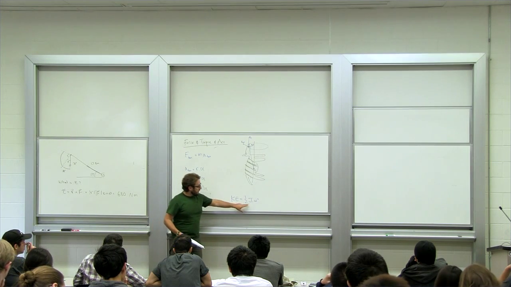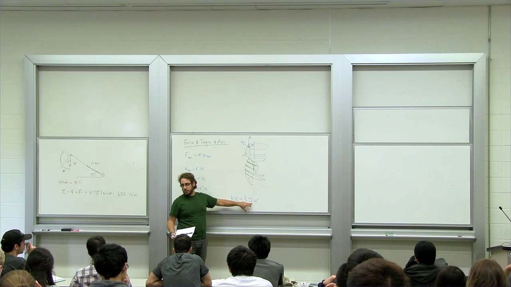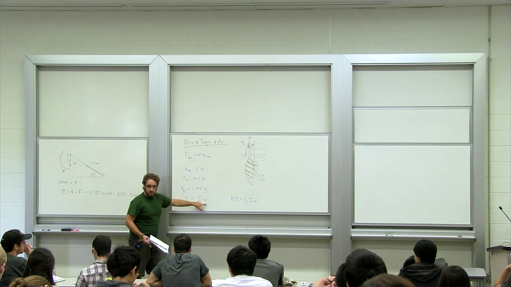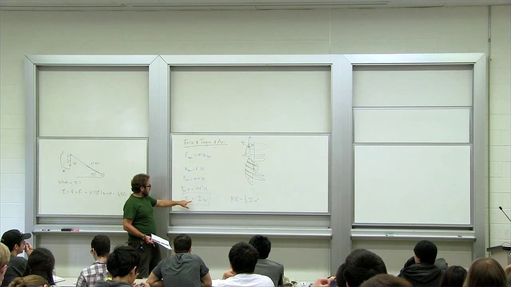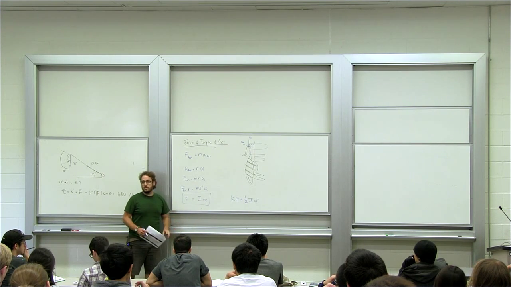So my argument was let's just group everything between the 1/2 and the omega squared and call that rotational inertia or moment of inertia. And here is validation that this is a sensible thing to do, because it also gives us a sensible definition for torque in terms of acceleration.